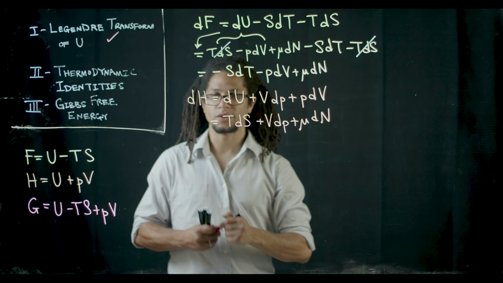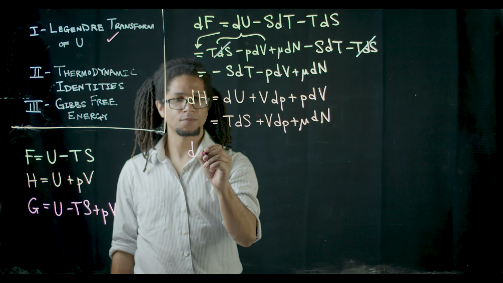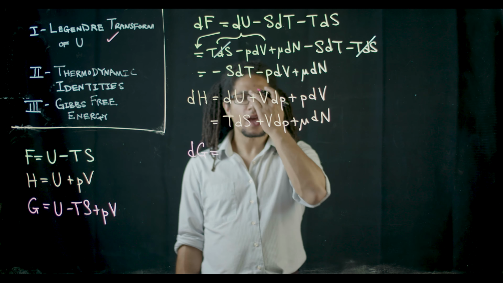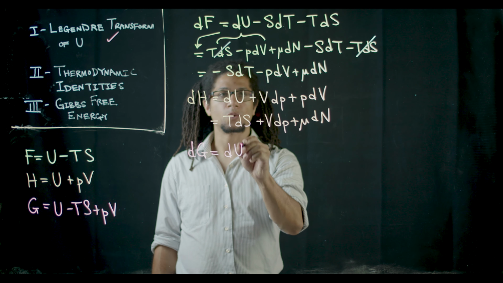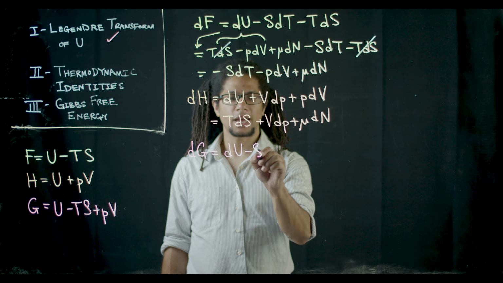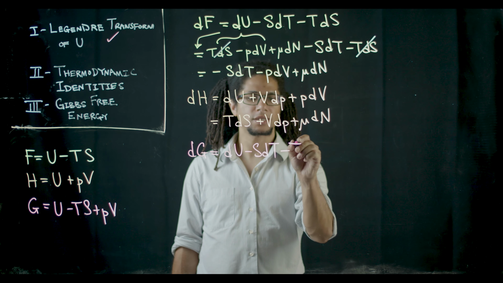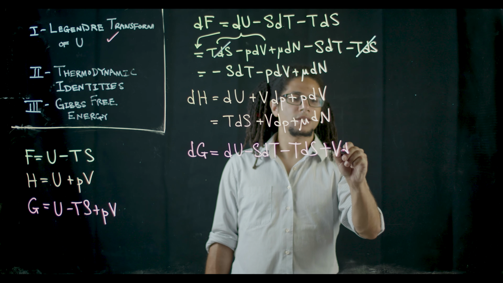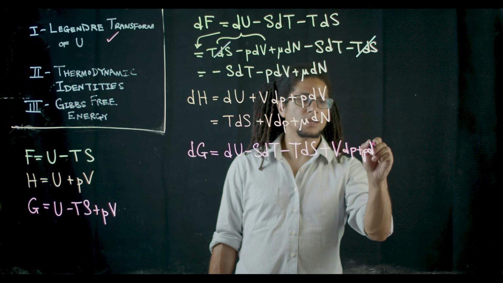Last up, for the Gibbs free energy, we have the following. So now we're going to get dU minus S dT minus T dS plus V dP plus P dV.